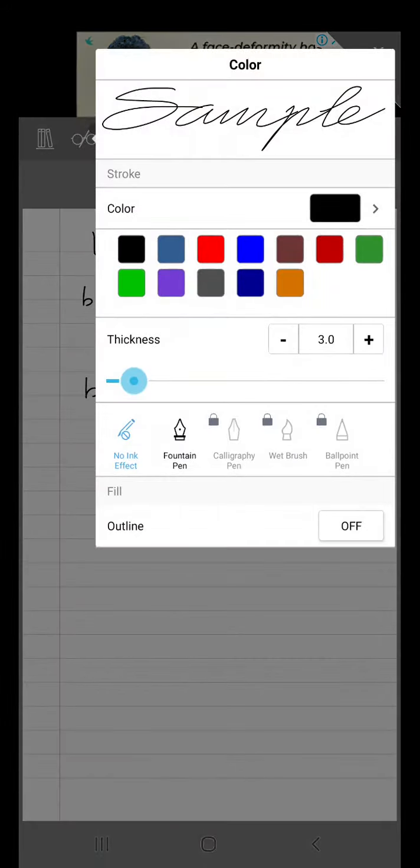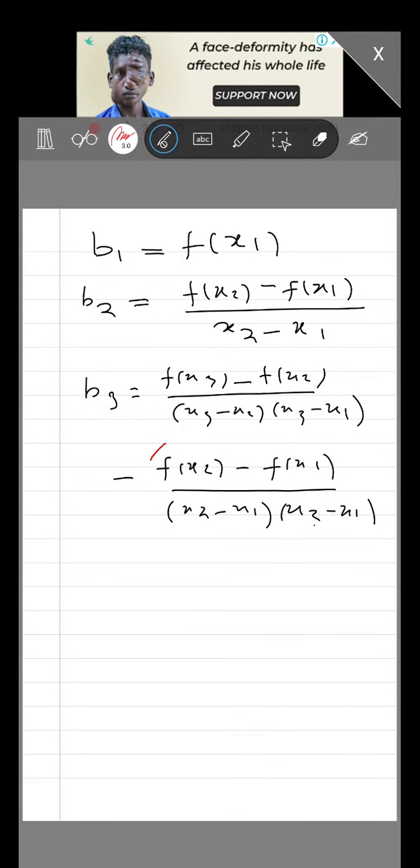Now this quantity, f(x2) minus f(x1) divided by x2 minus x1, is nothing but b2.